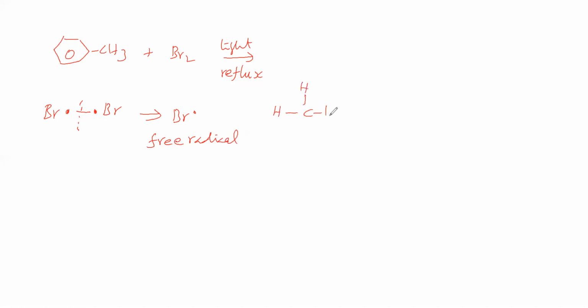So toluene we are taking, it is CH3. Here phenyl ring is there. Now what happens here: this Br dot takes H dot and becomes HBr. Therefore we got a CH2 dot. Here pi bonds will be there like this.